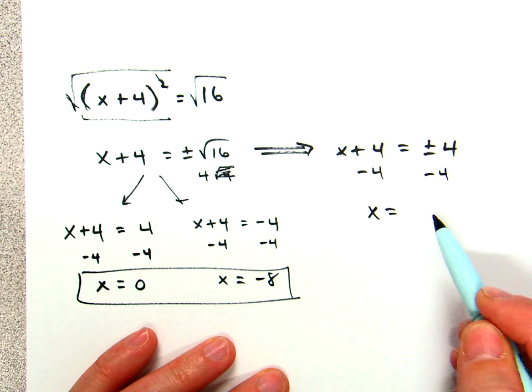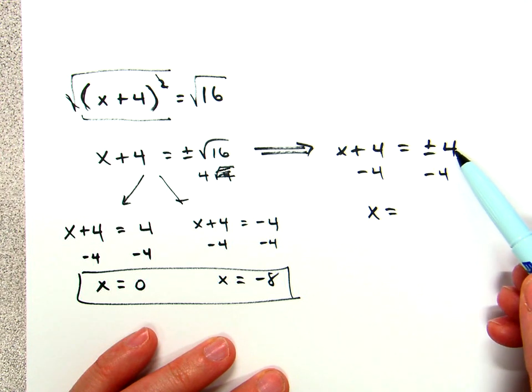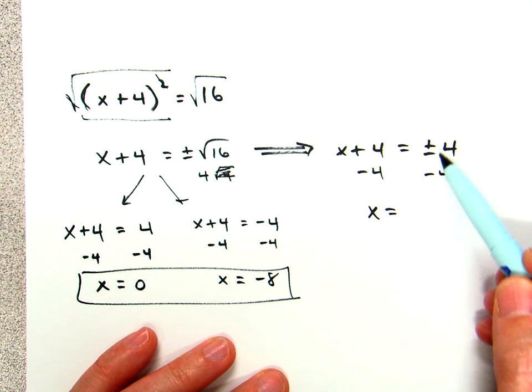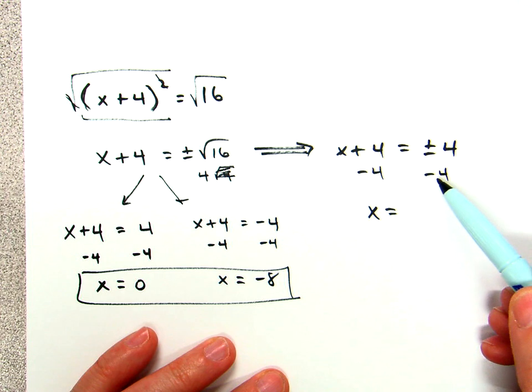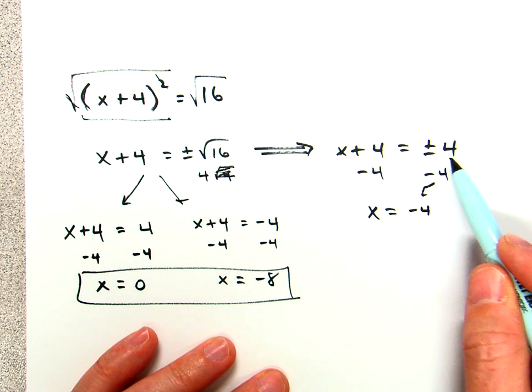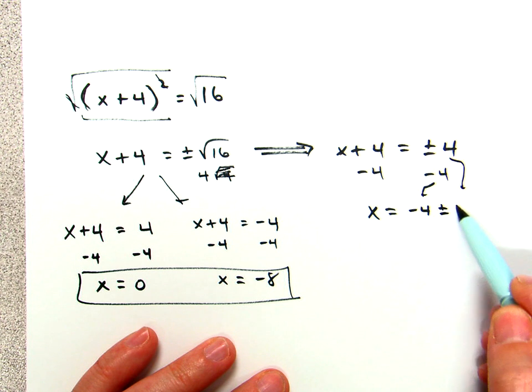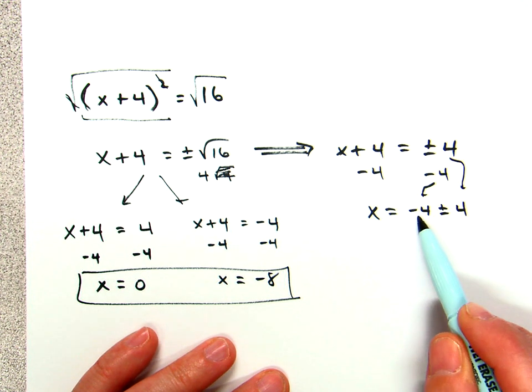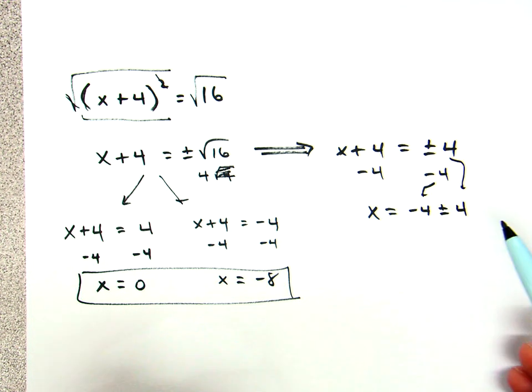So x is equal to, now, we're not just going to say 4 minus 4 is 0 plus or minus 0, because we have a negative 4, right? That's this guy. And we have a plus or minus 4. That's this guy. And then we can walk through the plus or minus, as I like to say.